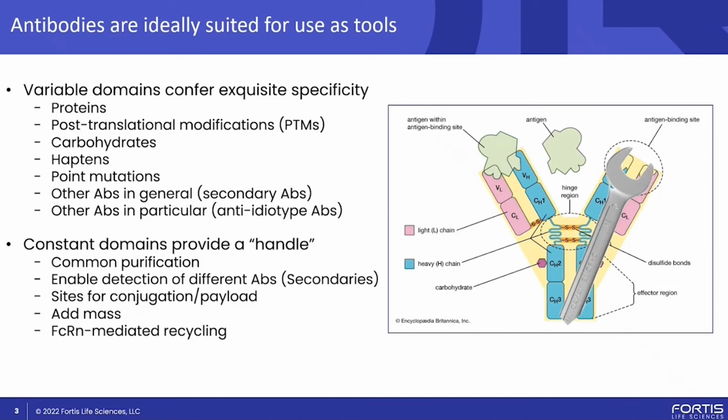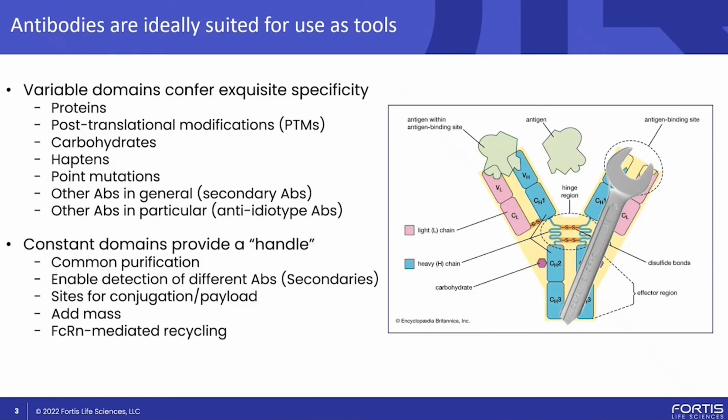There's also sites there for the addition of other molecules to the antibody. So you can conjugate on there, for example, HRP, or in the case of a therapeutic antibody, you can conjugate a toxin. Because those are going on to those constant domains, you're not affecting the binding specificity of the antibody.